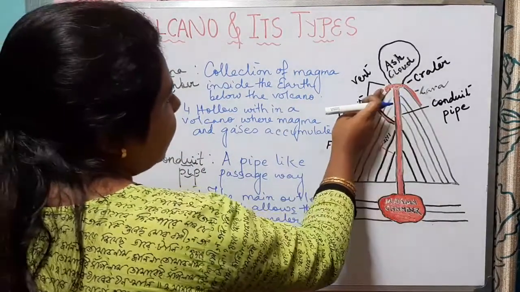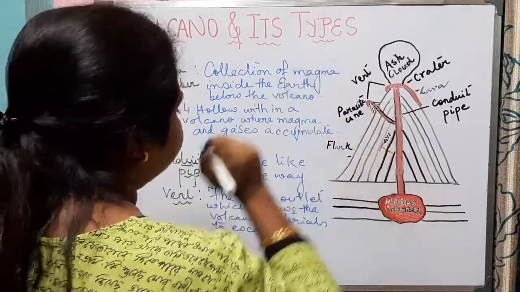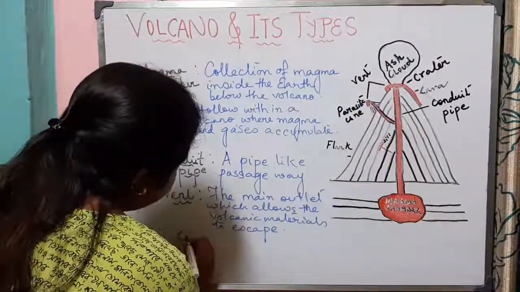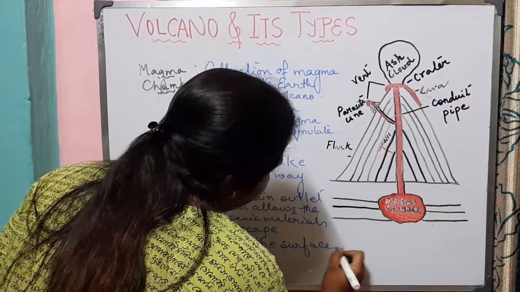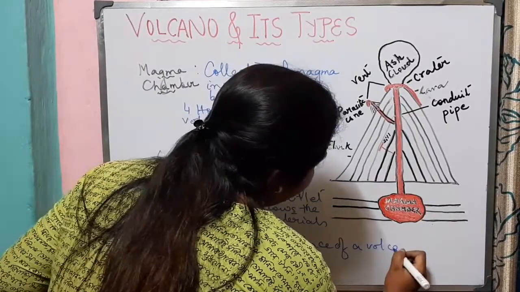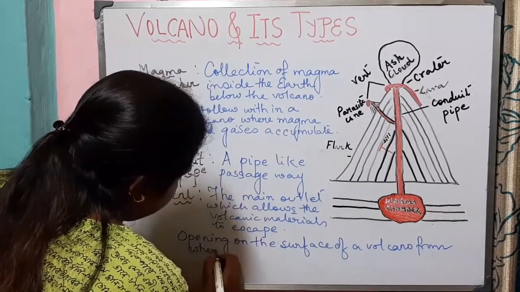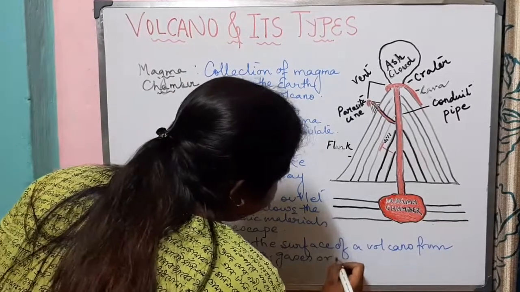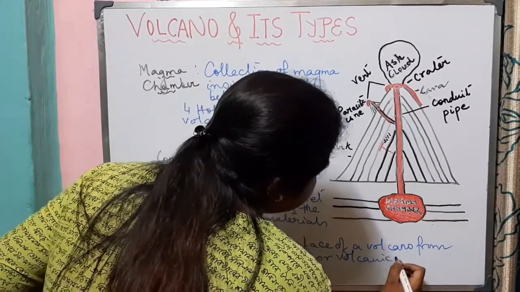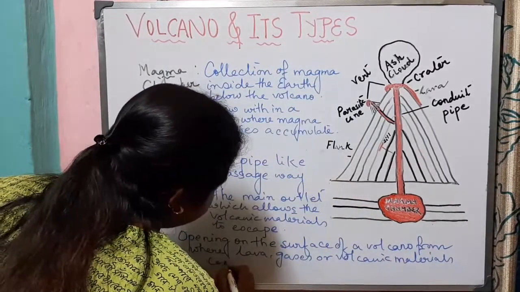It is an outlet from where the volcanic materials come out to the surface. The vent can also be said to be an opening on the surface of a volcano from where lava, gases or volcanic materials come to the surface.